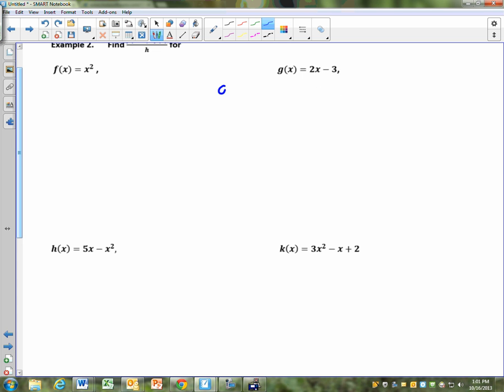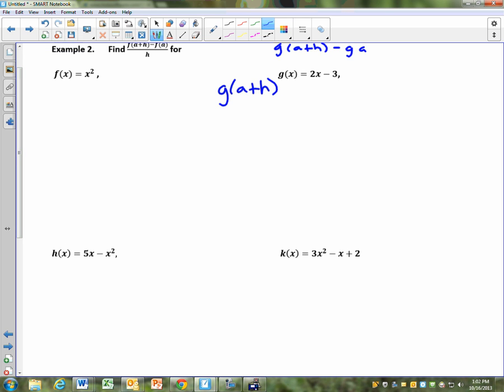Good stuff. G of A plus H. Again, we want to evaluate G of A plus H minus G of A, all over H. That's what we want to evaluate. We want to do that big piece. So I'm going to set up the two parts that I need to evaluate in order to carry out the whole operation.